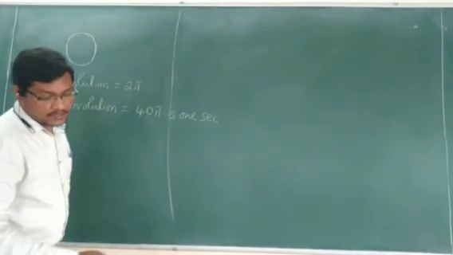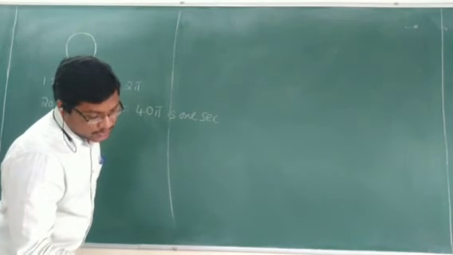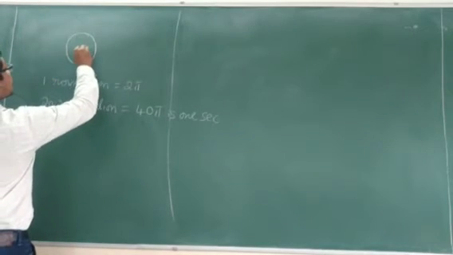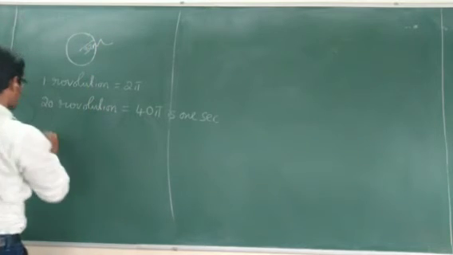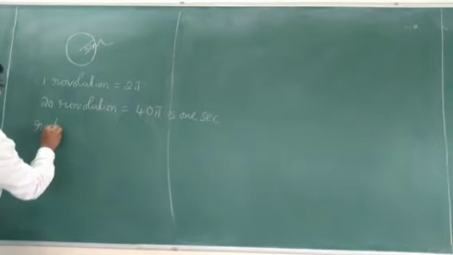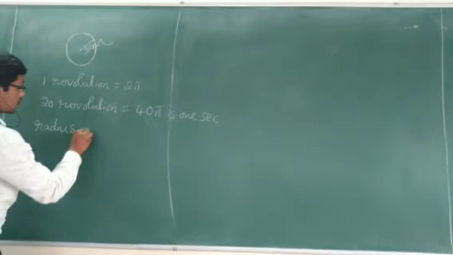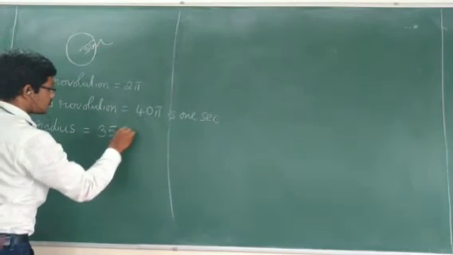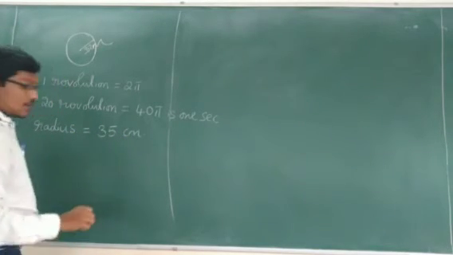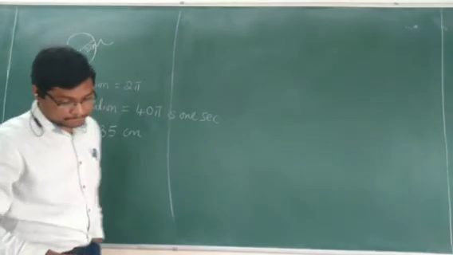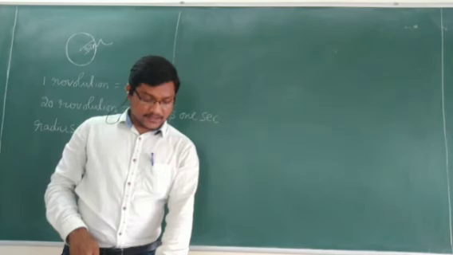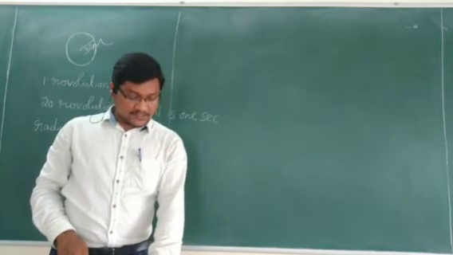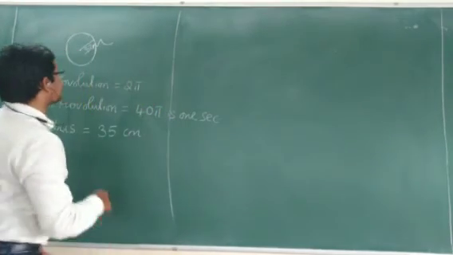Now what is given? The radius of the wheel, that is 35 centimeters. What is being asked? What linear distance does a point on its rim travel in 3 minutes?